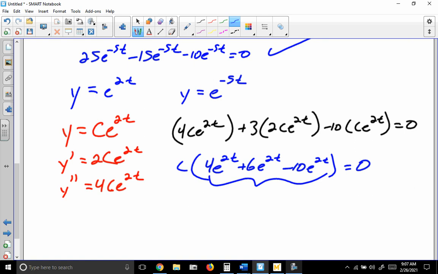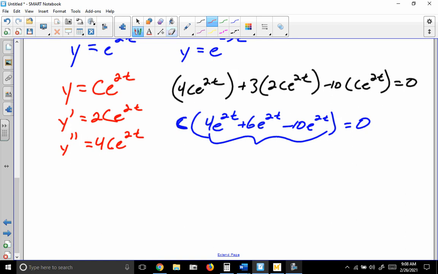So yeah, C can be anything, any arbitrary value. So once we find a solution using our characteristic equation, not only is that a solution, but C times that is a solution. That allows us to find a solution specific to initial conditions.